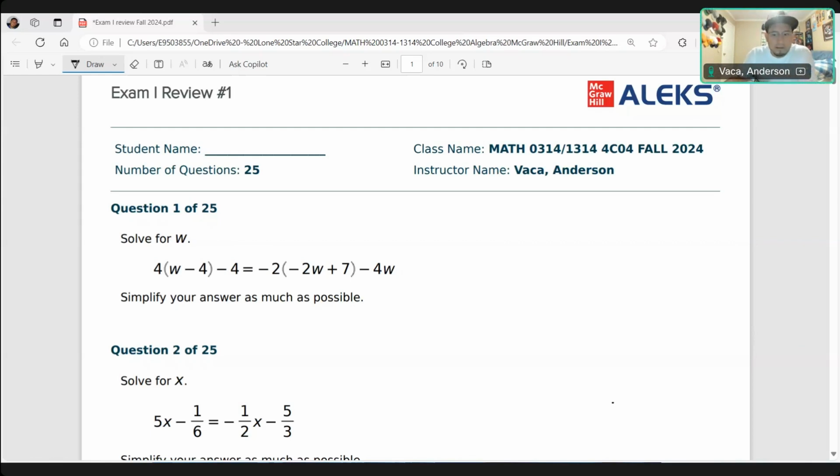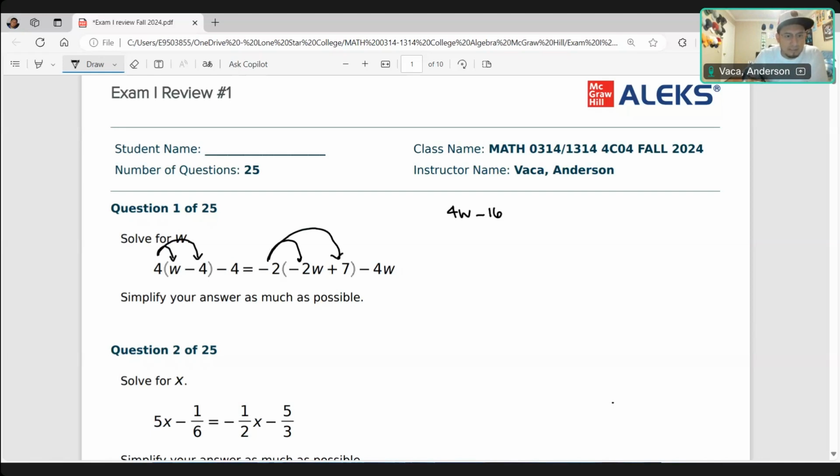All right, so out of the first question, I am noticing that we need to do some distribution. So let me highlight that. A distribution here, distribution here, distribution here, and distribution there. Okay, so when I'm saying that, I'm saying we just need to multiply. So let's write over here. 4 times W will be 4W. 4 times -4, that will be -16.